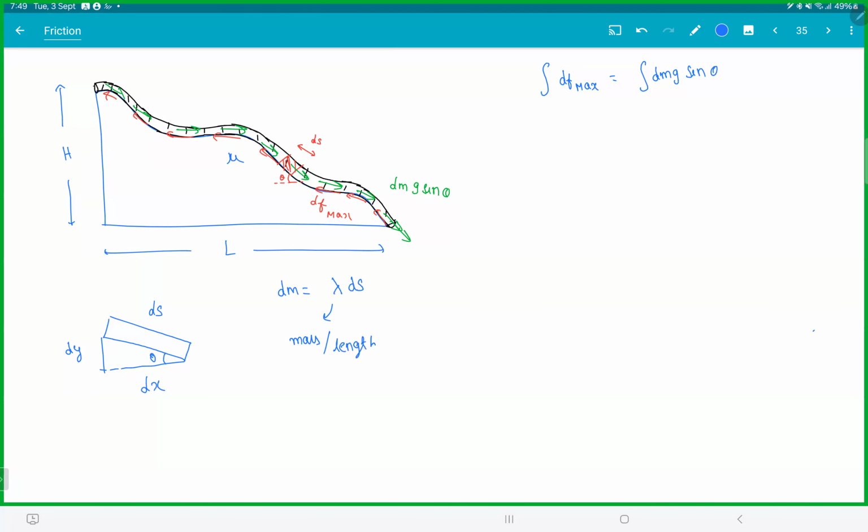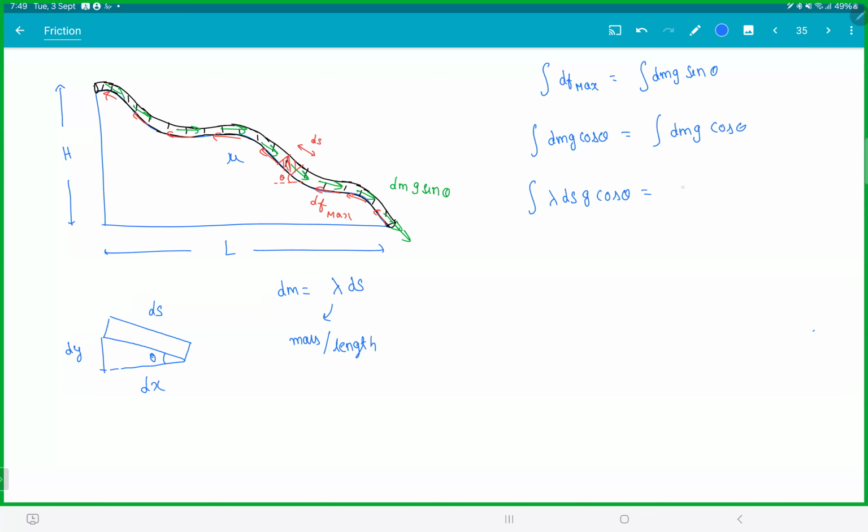But let's see what happens, it will get cancelled. So this is dmg cos theta. Be careful, don't cancel dm in the integral, you can't do that. Don't say I'll cancel this and this, it's a blunder. That is inside the integral, it should come out. What is dmg? Lambda into ds into g cos theta.